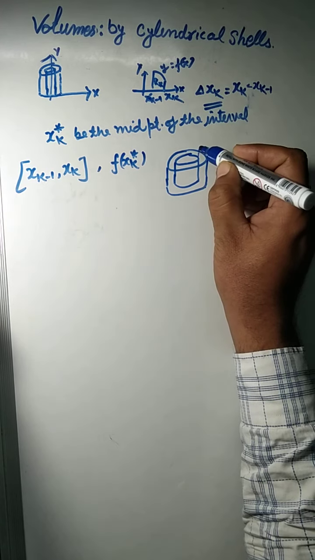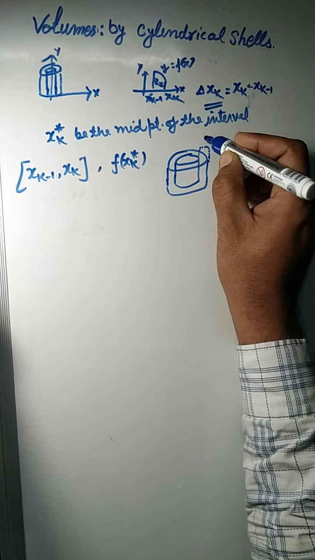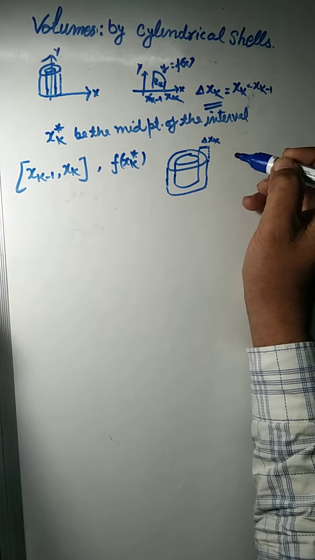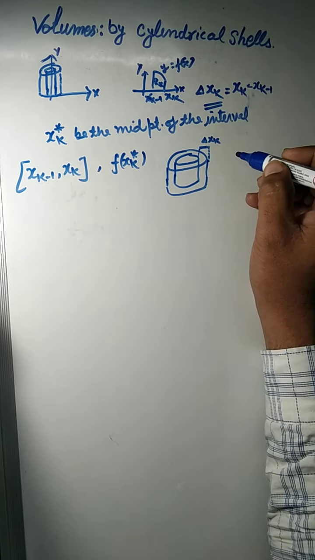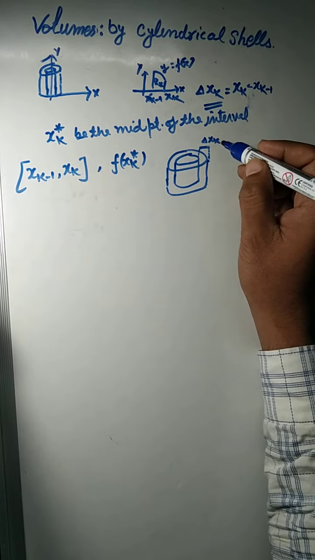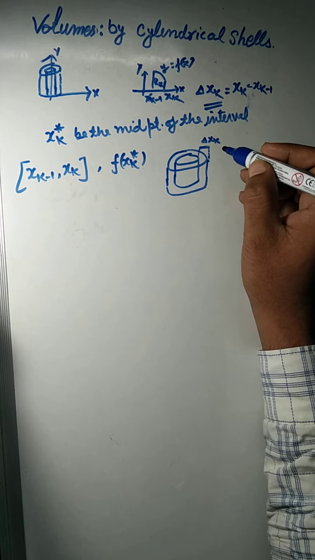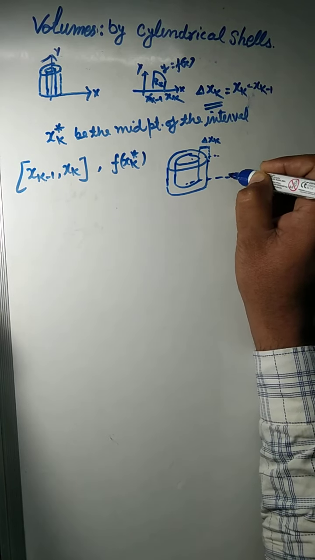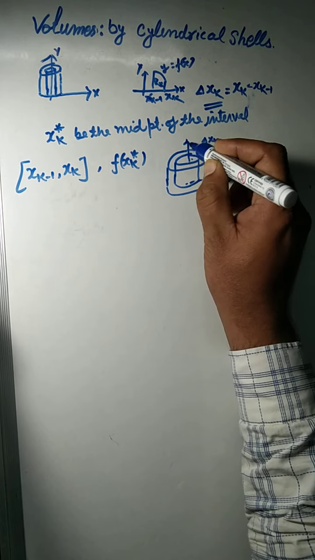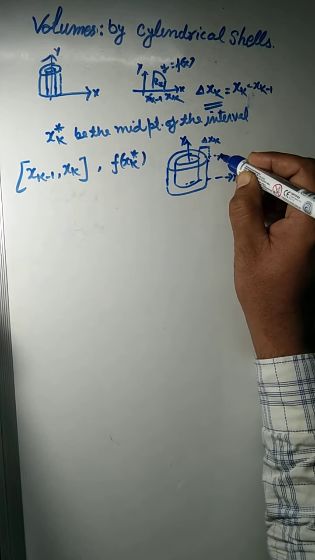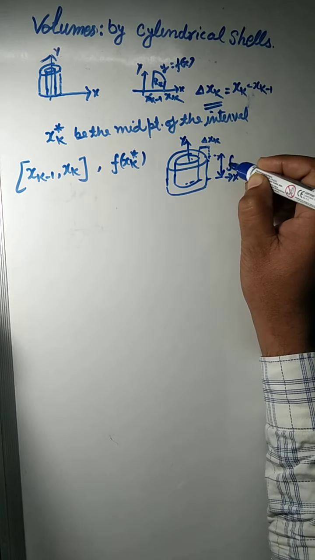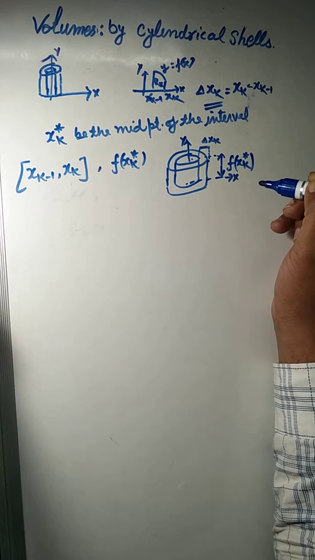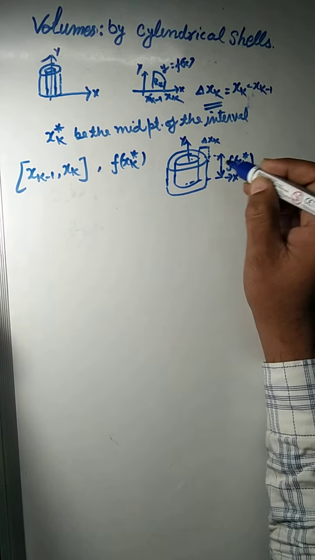So this is delta x_k, this is the thickness. f(x_k star) will be this one, the rectangle height.